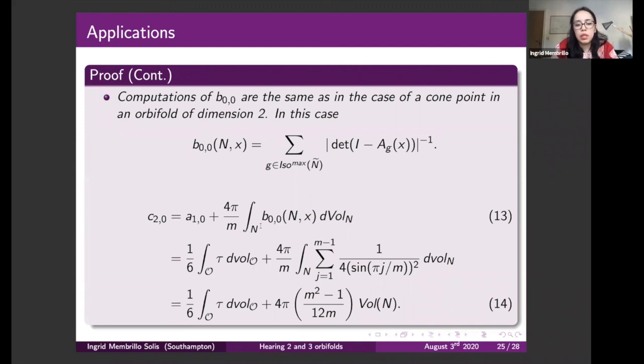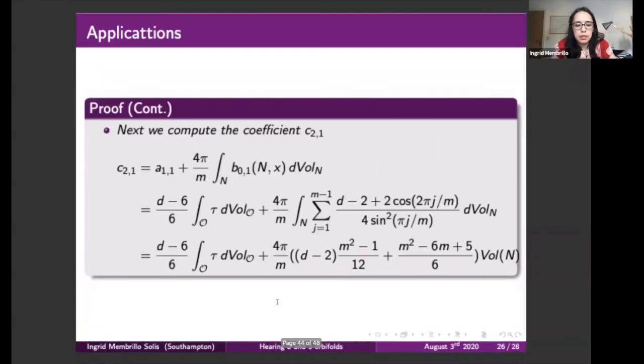And here B0,0 tilde will be just 1. So you just need to compute, in this case, the determinant as I showed here. The determinant is given by this expression, and we can simplify it using Bernoulli polynomials. And what we obtain is this expression.